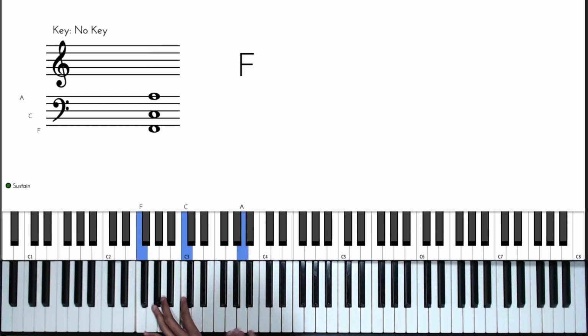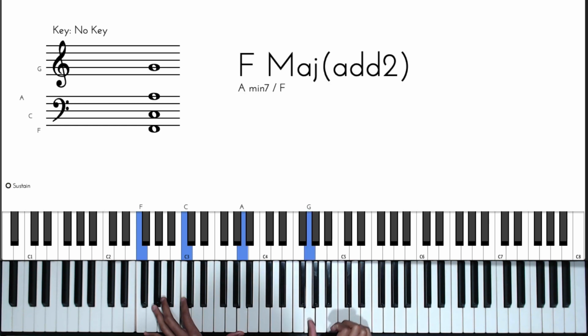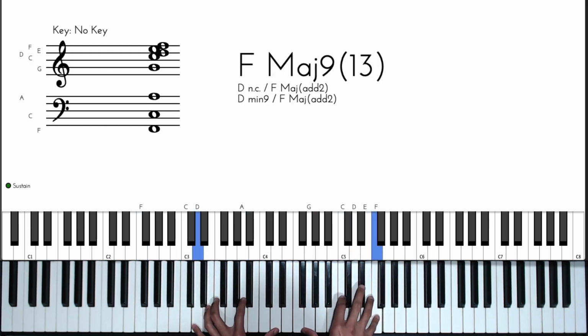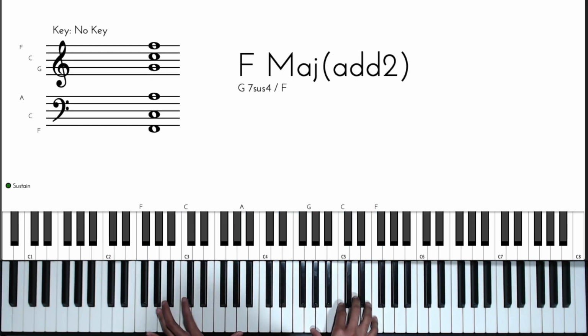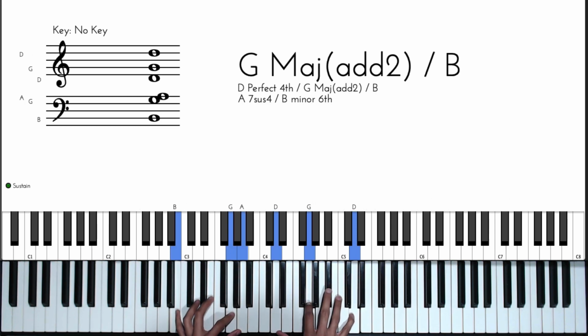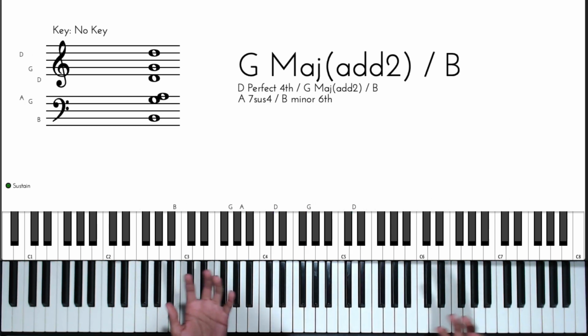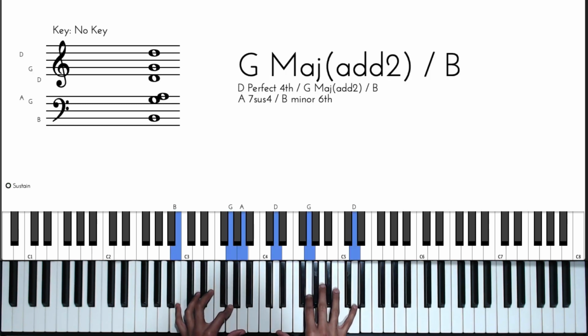F, C, A, and then G, which is the 2 of F, and then C and F, okay? And then we land on the G, and the voicing that I'm using is a drop 2 voicing, right? Very common in gospel, where I'm basically playing a G over B, okay?